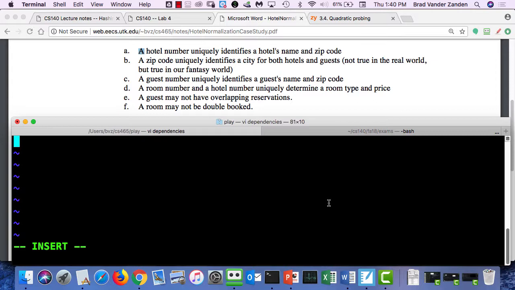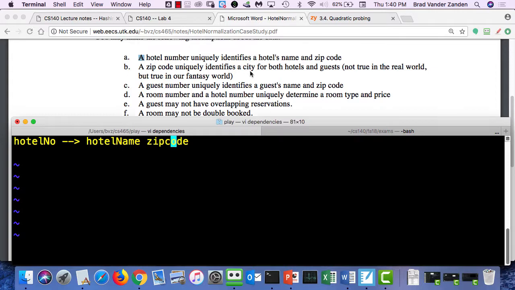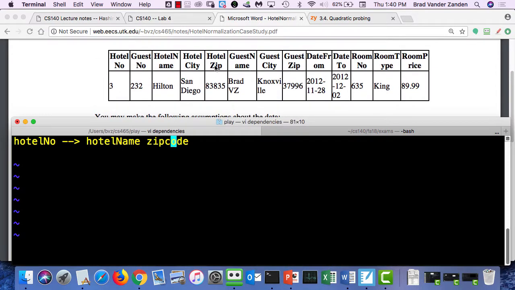So in A, we say that a hotel number, which I'll abbreviate hotel number, identifies a hotel name and a zip code. So it's a pretty direct functional dependency. In B, it says a zip code uniquely identifies a city for both hotels and guests. So if you look back here, you actually see hotel zip and you see guest zip.